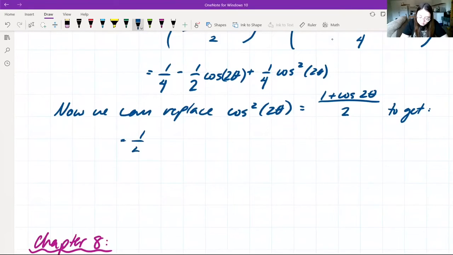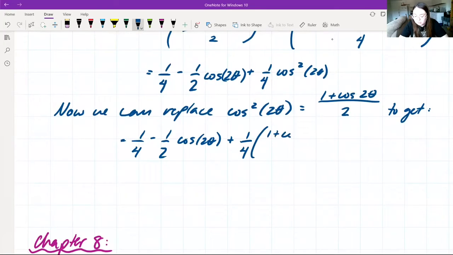So we still have 1/4 minus 1/2 cosine of 2 theta. Plus, and now we have 1/4 times 1 plus cosine of 2. And remember, we're not just dealing with theta, we have 2 theta. So when we write this out, it's really going to be 2 times 2 theta.